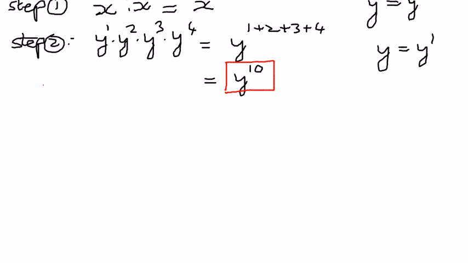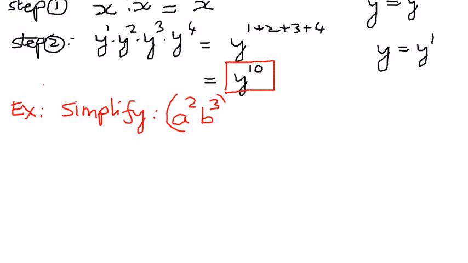Let me write in another color. This is an example. We want to simplify a to the power of 2, b to the power of 3, multiplied by a to the power of 4 times b. Right?